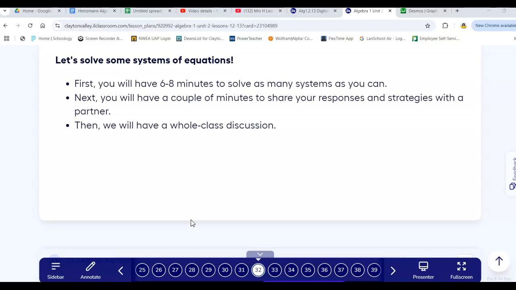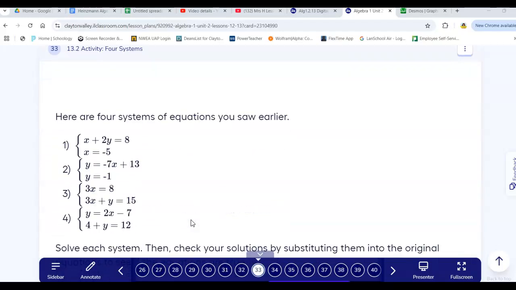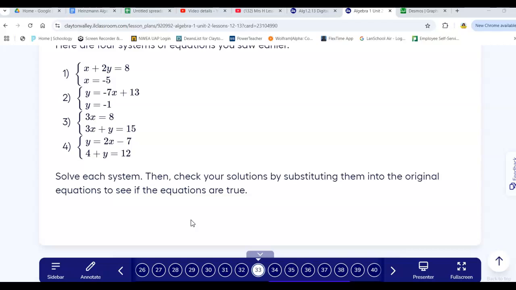You're going to take some time to solve these systems, and then you're going to share these, hopefully, with some other people who you are sitting with in class. And of course, we're not going to have a whole class discussion. But I want you guys to notice this.